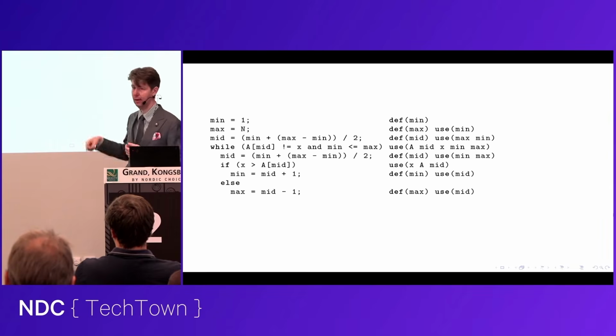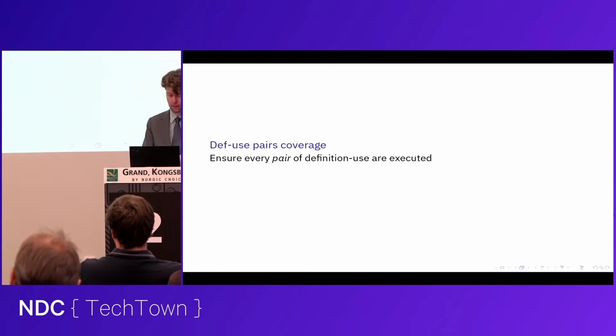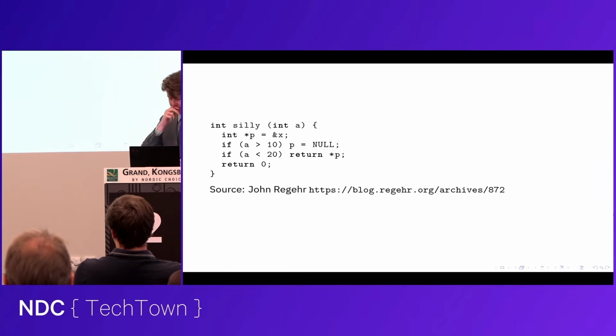So in the then and else case of the condition inside the loop. So if you were to only do the then cases, you would never exercise the definition use pair where the mid is in the else. Okay? So we're able to see relationships and effects at a longer distance than beyond a single statement or expression.